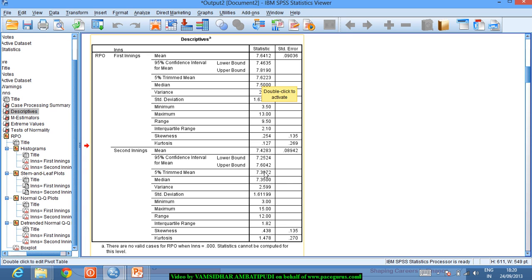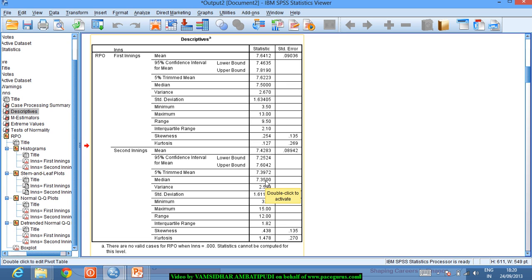The same thing happened here in the second innings, it has come down to 7.39. So eliminating 5% of the values in the corners and recomputing the mean brought the trimmed mean to 7.62 as well as 7.39. Then similarly, the median is 7.5 versus 7.35.